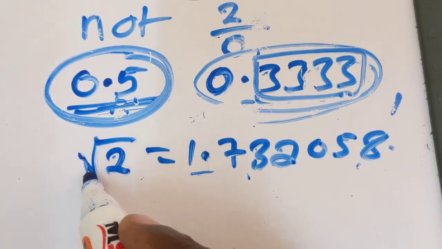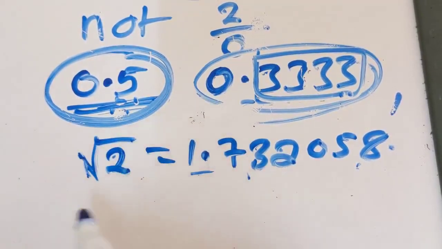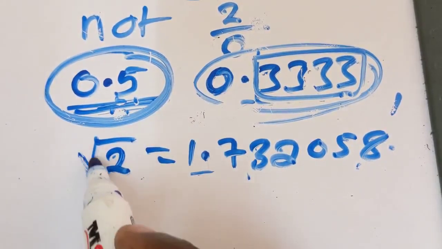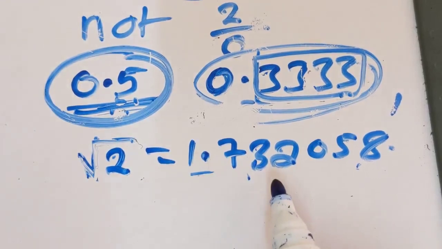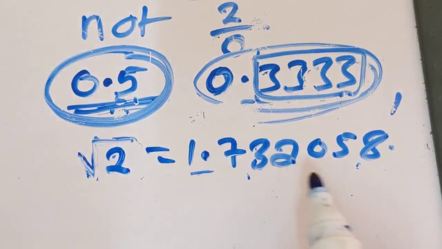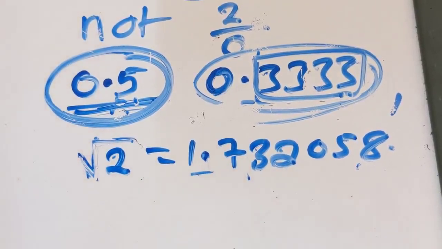There are numbers there that are under a square root, and they have decimals which do not have an end, and they do not have a repeating pattern. They do not have a repeating pattern.